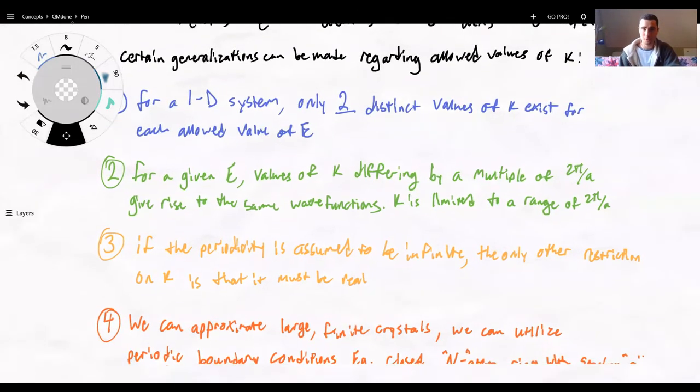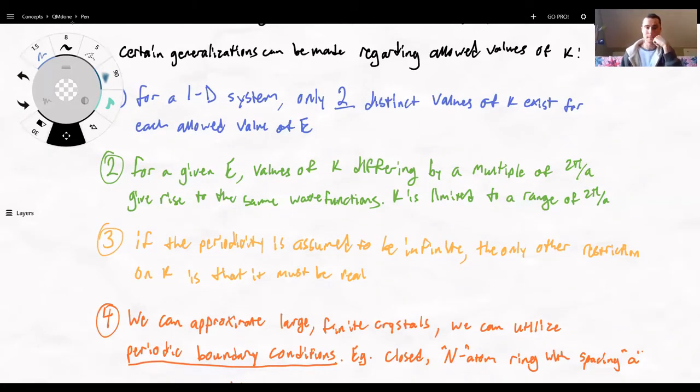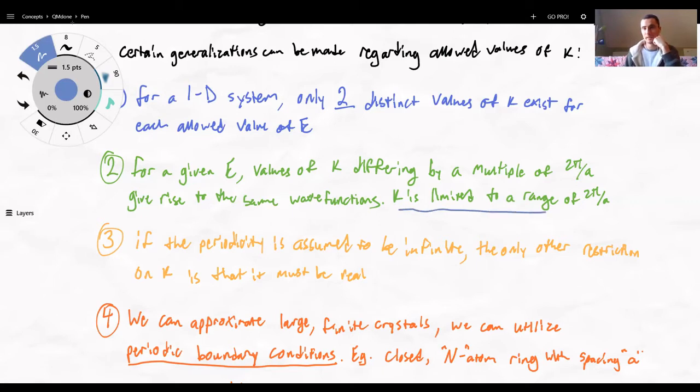Then for a given energy, values of k differing by a multiple of 2 pi over a will give rise to the same wave functions. That's really, really important. What that means is that k is limited to a range of 2 pi over a.